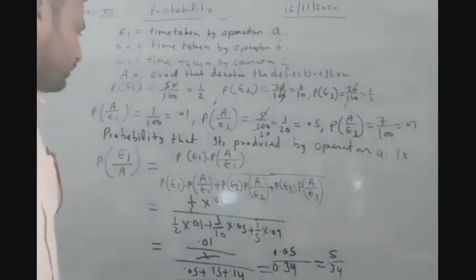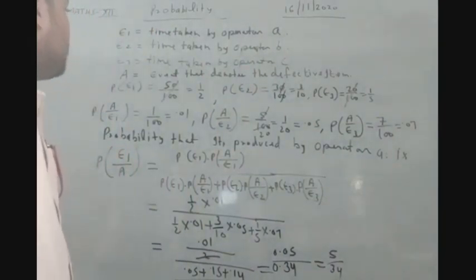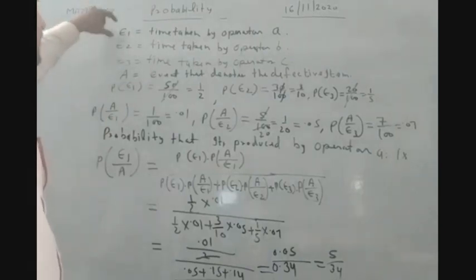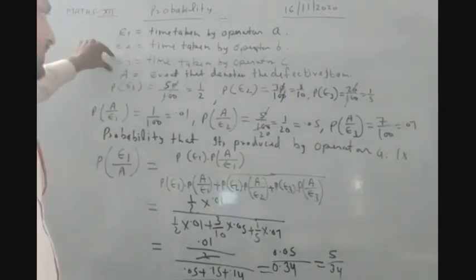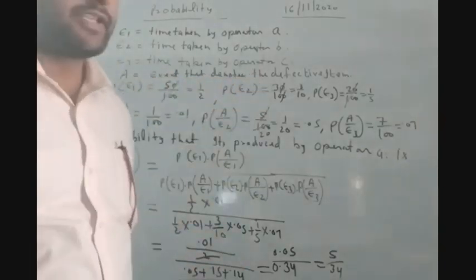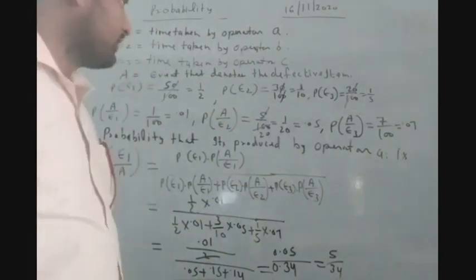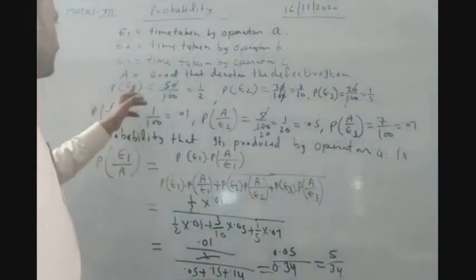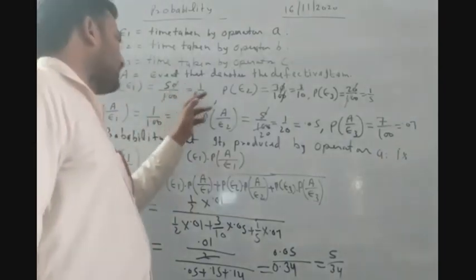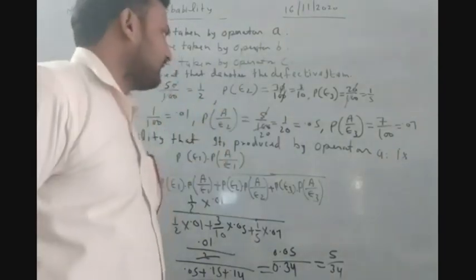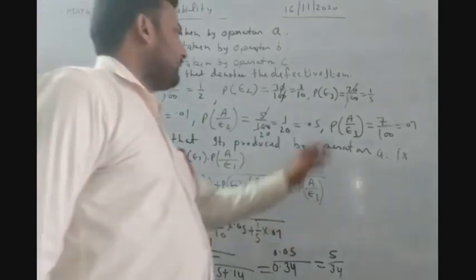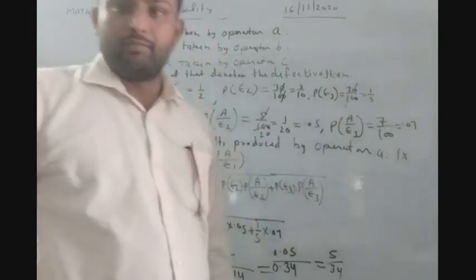So overall what we have done: we have three operators, we have taken events E1, E2, E3, and event A also, which denotes the defective items. Now we have found the probability of E1 which is 50%, so we write 50 by 100, 1 by 2. Probability of E2 which is 30%, we write 3 by 10. Probability of E3 we write 1 by 5.